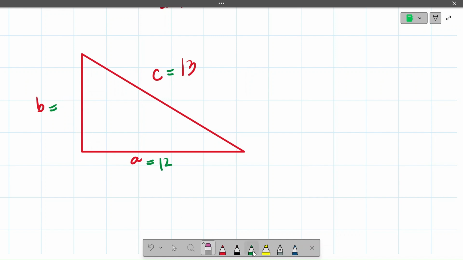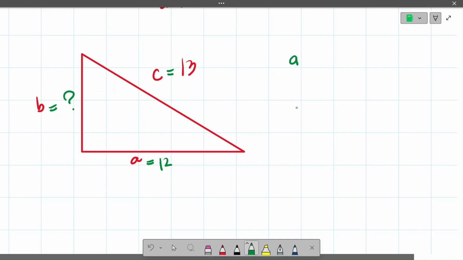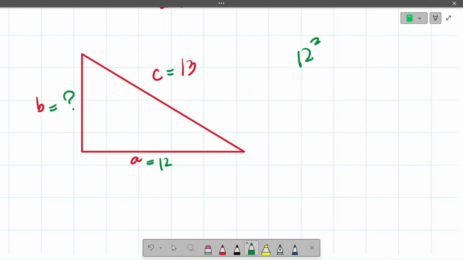The missing side now is B. So with the use of the Pythagorean theorem, we know that A is 12. We just square that, plus, since B is missing, we use B squared, and then C is 13 squared.